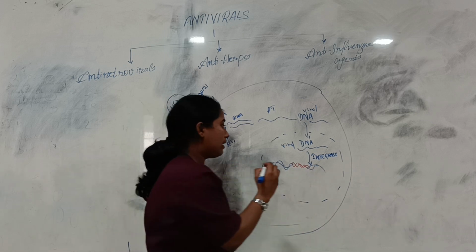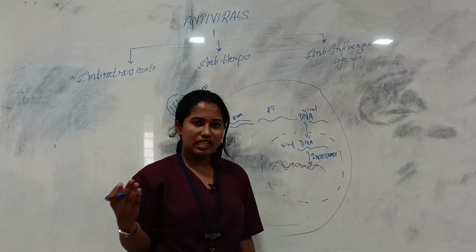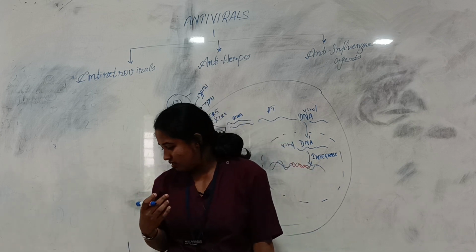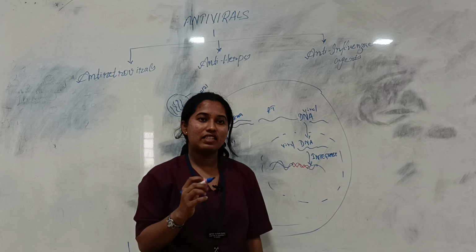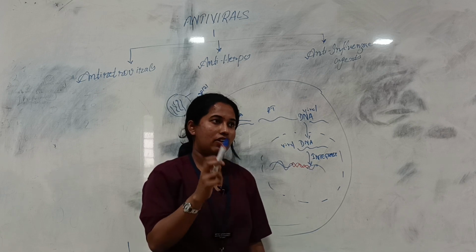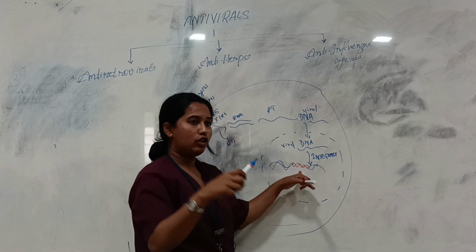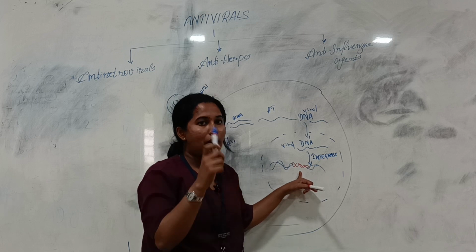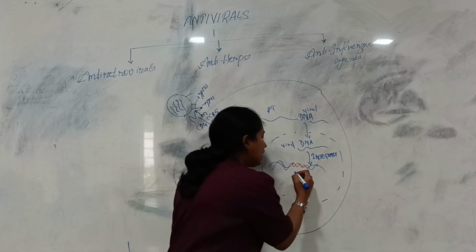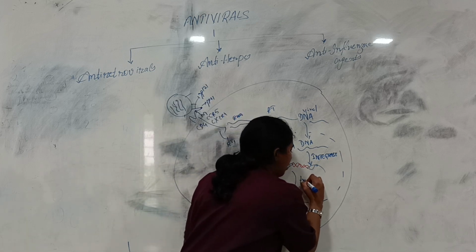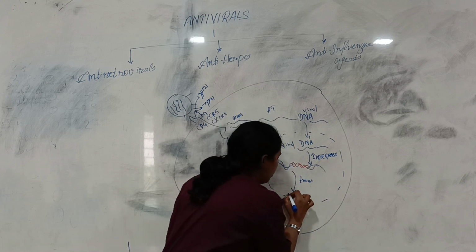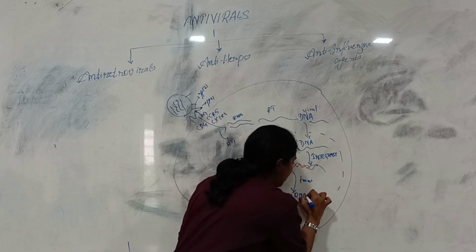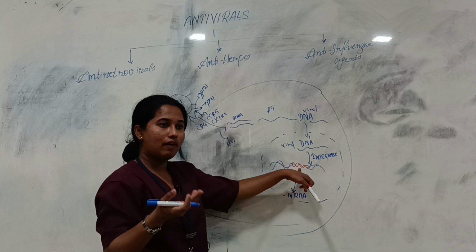Now you know what transcription and translation are. Transcription is conversion from DNA to RNA, and translation is from RNA to proteins. Inside this, transcription happens and this gets converted into mRNA. It is a viral mRNA because the viral DNA is attached.